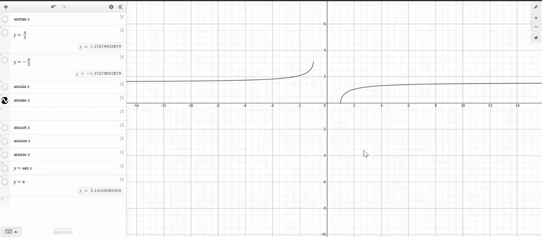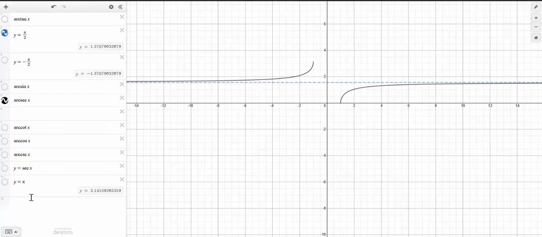Now I want to develop the derivative for inverse secant. This is the graph, as you can see here, for inverse secant. Remember, I said the derivative is always going to be positive because this graph is always increasing here and increasing here. But look at the y values here. Here is y equals pi over 2.